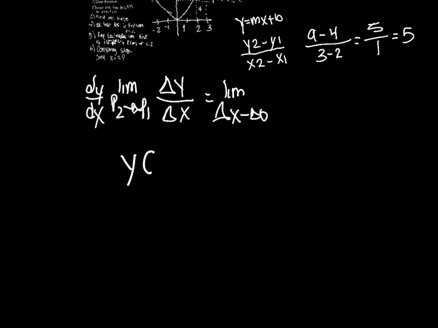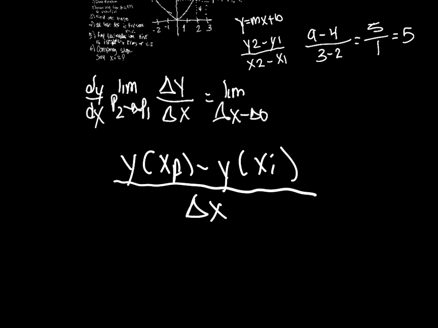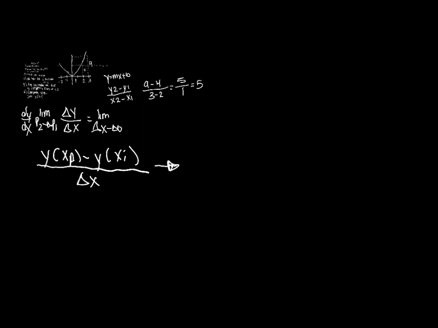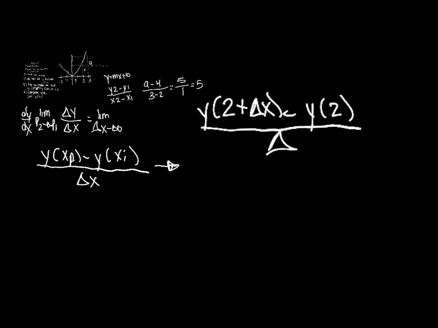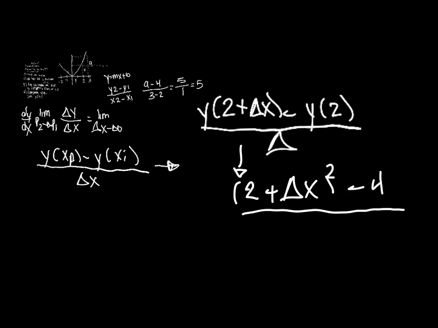So the slope is y final minus y initial over delta x, which goes to y of 2 plus delta x minus y of 2 over delta x, which can then go to (2 plus delta x) squared minus 4 over delta x.